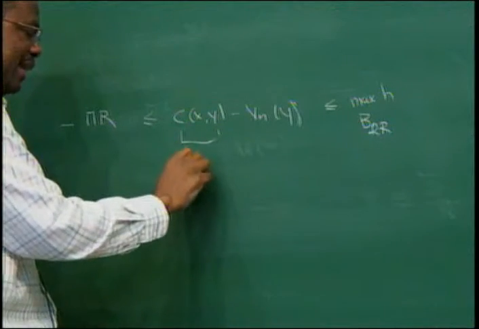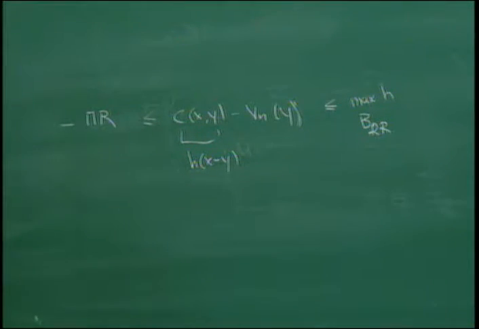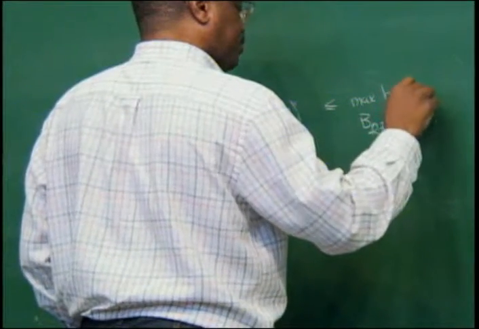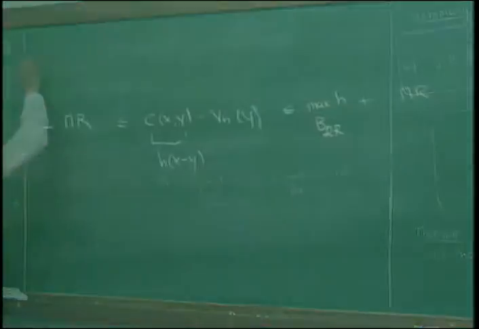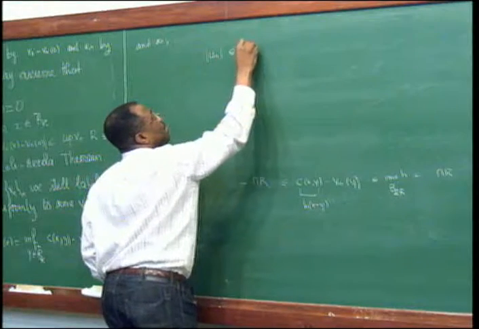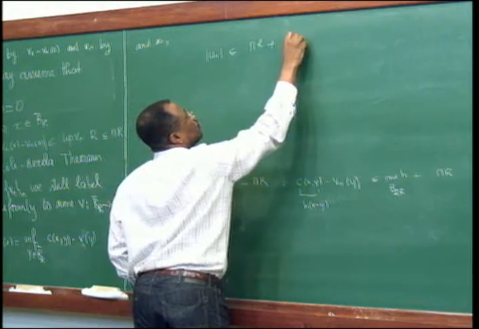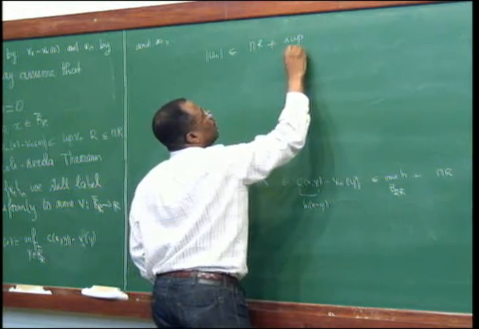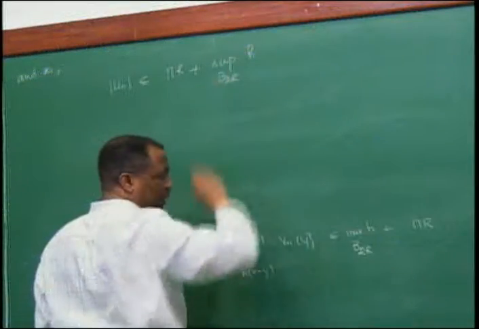So I have replaced this by h of x minus y. And if x and y are in the ball of radius r, x minus y is in the ball of radius 2r. And negative Vn is less than mr. So I can conclude that Un is less than mr plus the supremum over the ball of radius 2r of h.